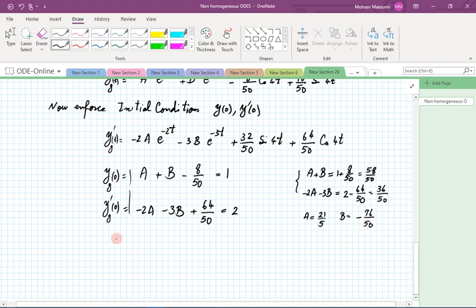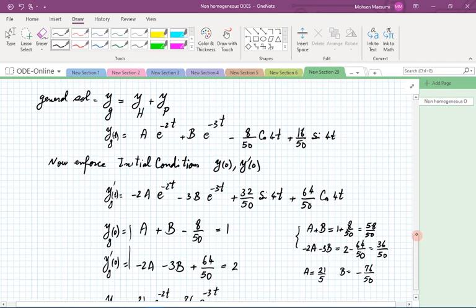Okay, then we have our specific solution subject to that initial condition. So I have my a, which was 21/5 exponential of minus 2t, b is minus 76/50 exponential of minus 3t, and then we had our, let's make sure we don't make a mistake here.